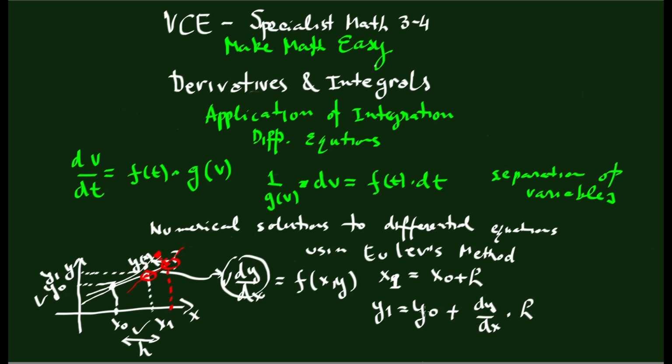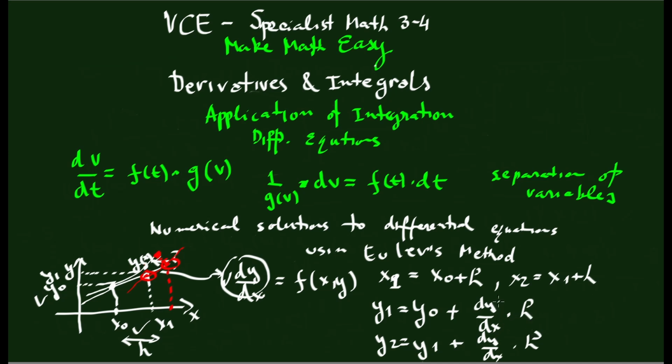So that's how you get point number 1. And similarly, point number 2, you will get knowing point number 1 plus, of course, x2 equals x1 plus h. So dy by dx times h. But this is now of the point.